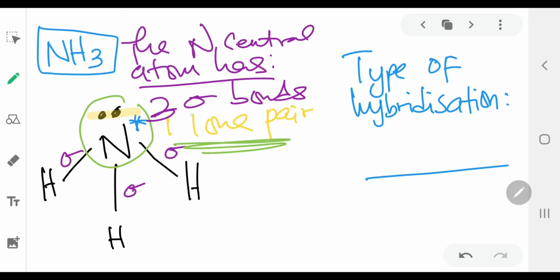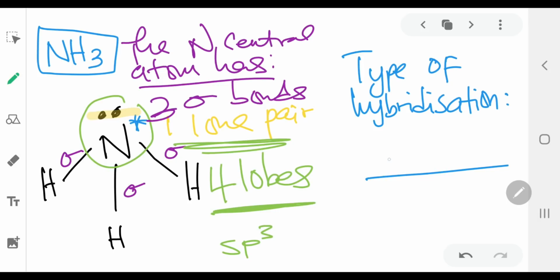So when you have 3 sigma bonds and 1 lone pair, that is 4 lobes. And 4 lobes is SP3 hybridization. So here on your N, you have SP3 hybridization. Okay.